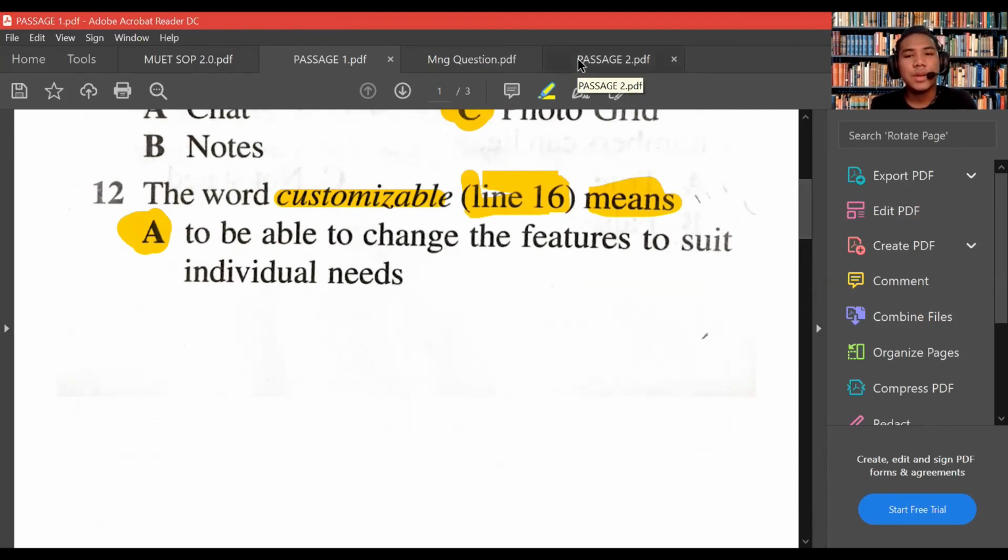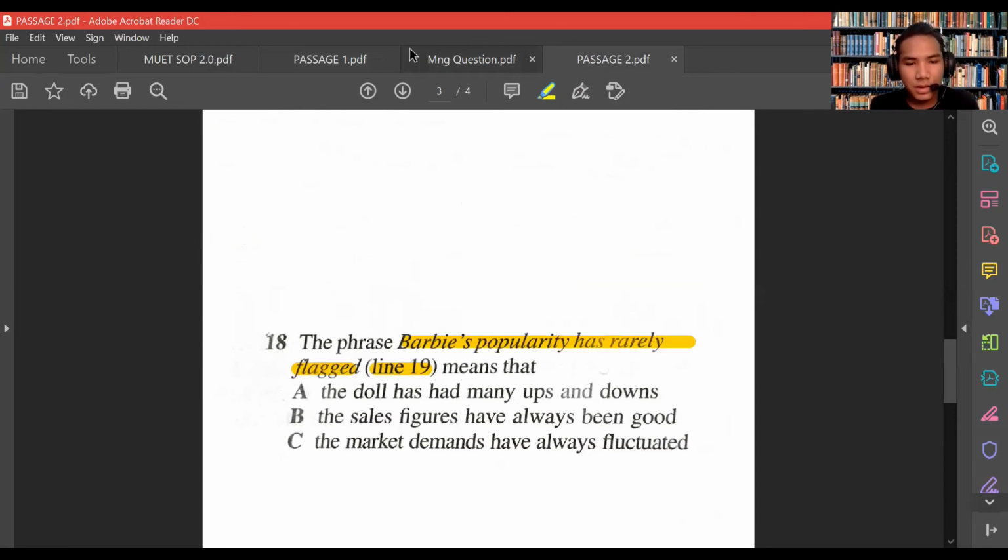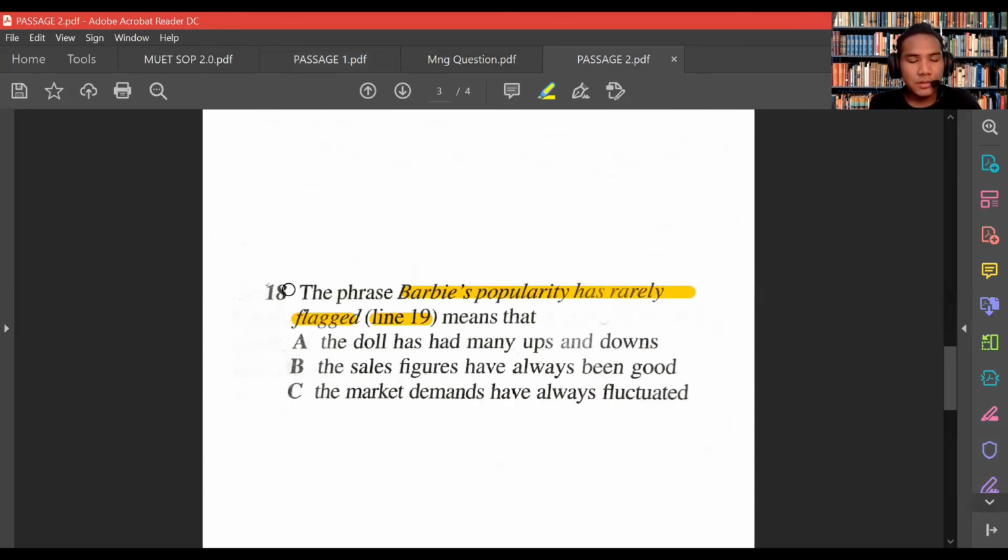So moving on to the next example. Question 18. As usual, we will answer it according to the S.O.P. First, we have to determine whether the question is actually an MNG type of question. The phrase "Barbie's popularity has rarely flagged, line 19" means that it clearly indicates that this particular question is an MNG type of question.